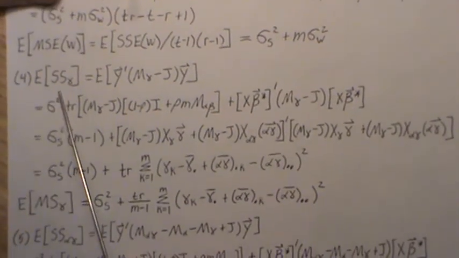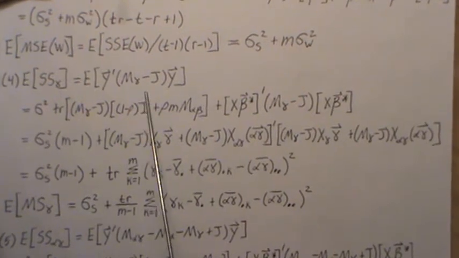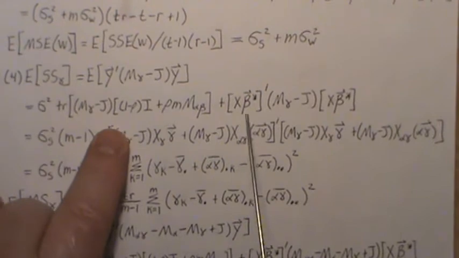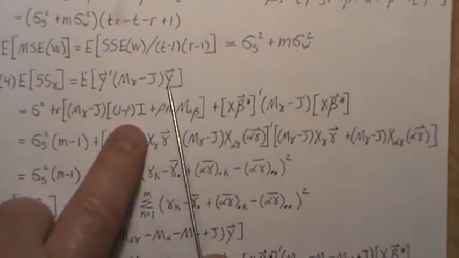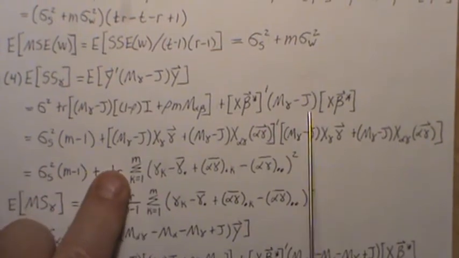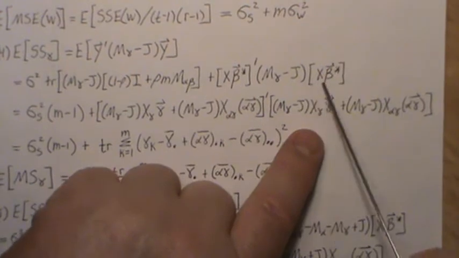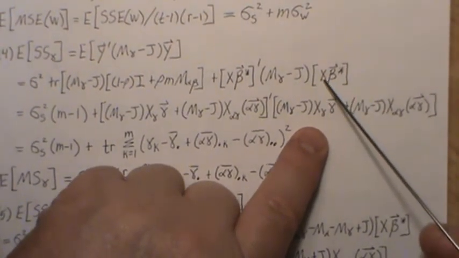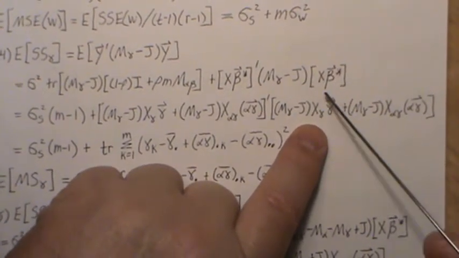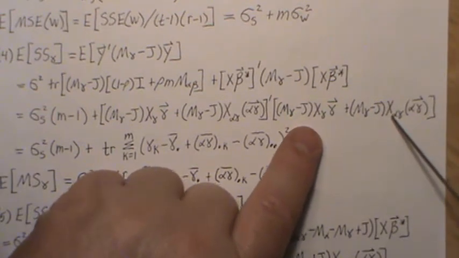Now the expected value of the sum of squares for gamma is this, so y transpose M_gamma minus J y. And again, we break it into our formula here. That matrix, variance, mean, that matrix, mean, and then this times each of the components. The parts that don't drop out are the X gamma and the alpha gamma components.